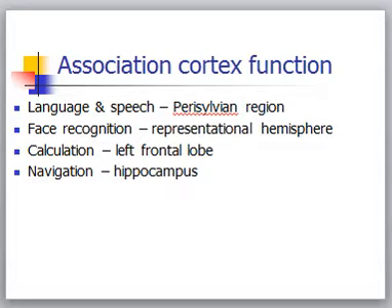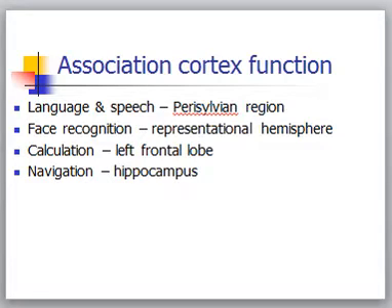The association cortex functions mainly in language and speech, for example, understanding spoken and written words and expressing ideas in speech and writing. This is mainly the function of the association cortex located in the perisylvian region, which we call the language areas.